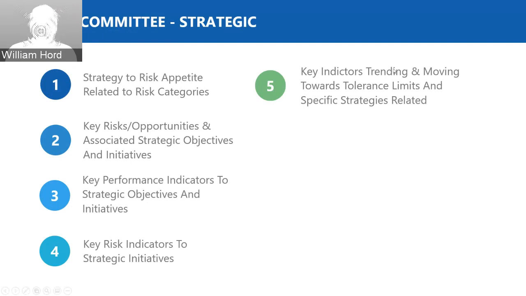Of course, key indicators trending and moving towards tolerance limits and specific strategies that are related. So it's not that they're outside of tolerance, they're not in the red, if you will, if you just use a stoplight type of analogy, but they're not moving in the right direction. They're not even potentially close to being outside of tolerance limits, but they are moving.